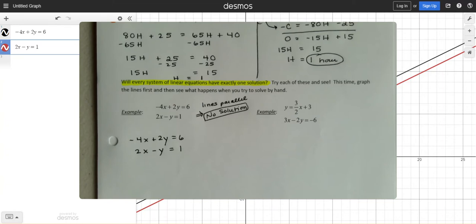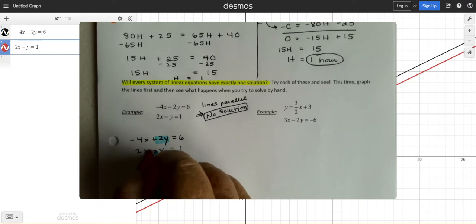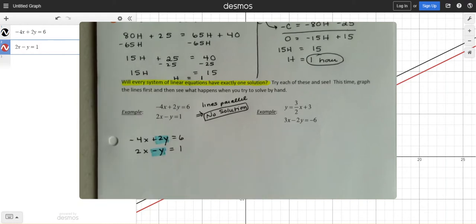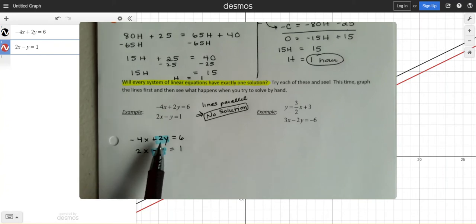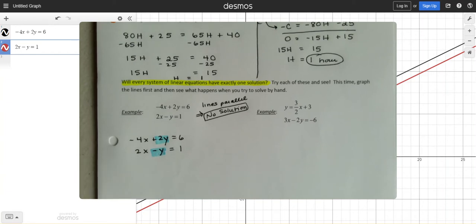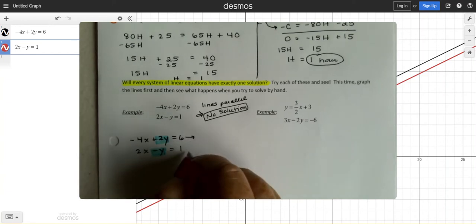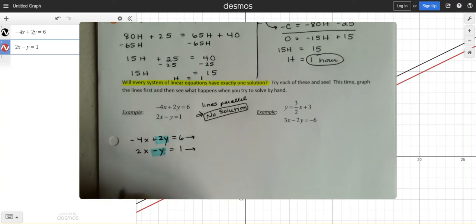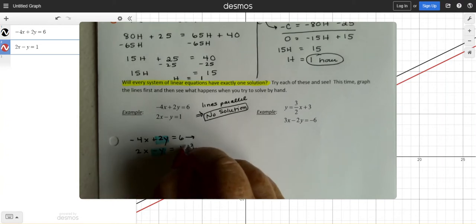And I'm actually just going to concentrate right now on the y's. Can you see if I just multiply this by 2, I'll have a positive 2y and a negative 2y, and I'll be able to eliminate the y's. So that's what I'm going to do. I'm not going to change the first one at all, but the second one I'm going to multiply by 2.